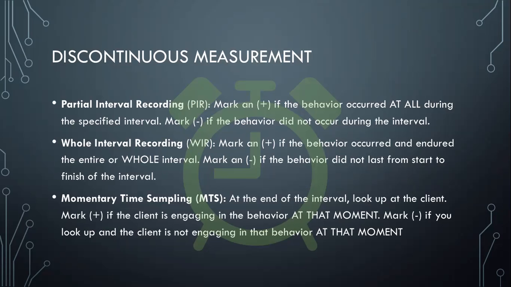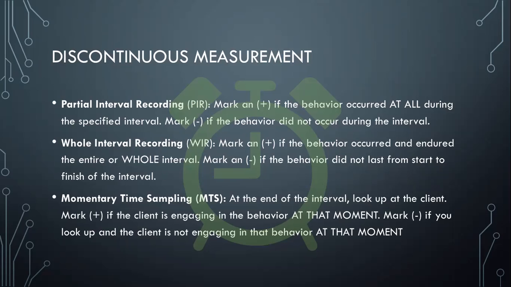If the behavior occurs at all, for example, let's do SIB, so smacking my head, if I smack my head even just once during that 10-second interval, you're going to mark it with a plus sign. So you're going to mark that it occurred. Even if it just happens for a split second, you mark that it occurred.